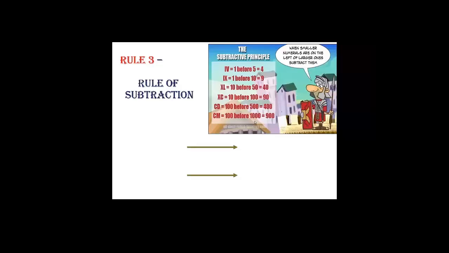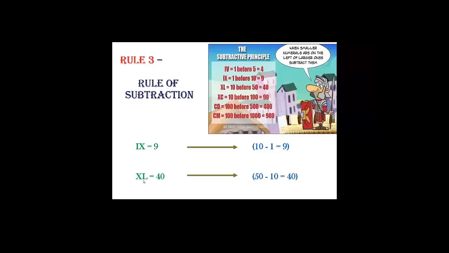But in this case, if the smaller value comes before the bigger value, then you have to subtract. Let's see an example. X is 10, right? And the smaller value 1 is written before that, which means you have to subtract 1 from X. So 10 minus 1 is equal to 9. So the value of IX is 9.